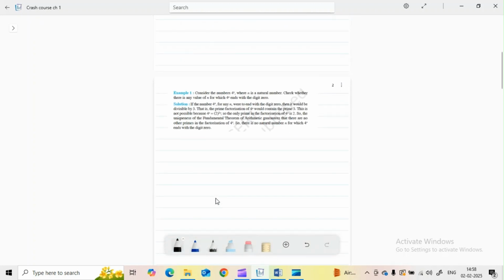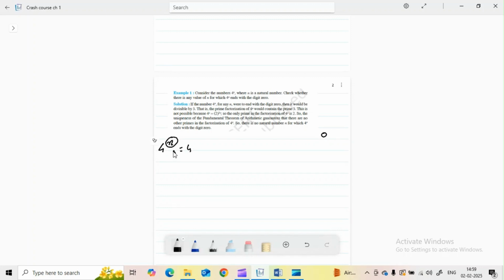Now if we come to solve an example based on these two theorems, if I want to express any number as 4 raised to n and I want to check, if we substitute n with any value, 0, 1, 2, 3, do I have any number which ends with 0, right? If I place n equal to 1, then it will be 4.